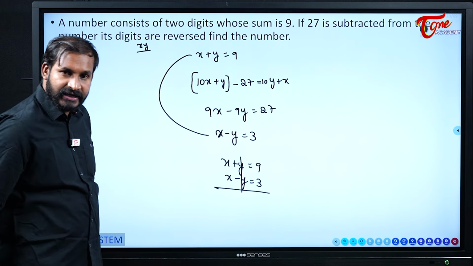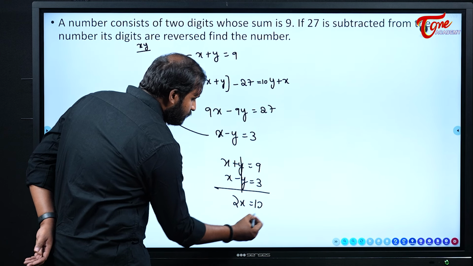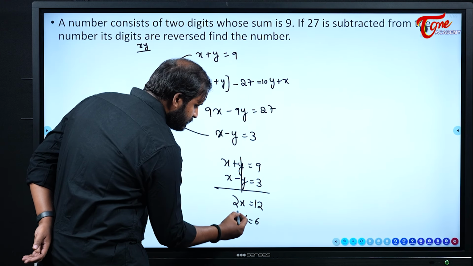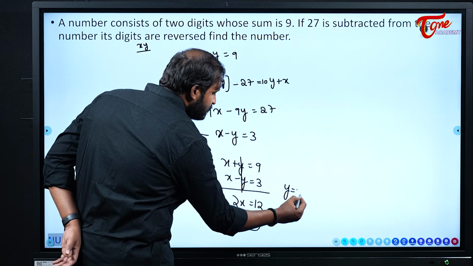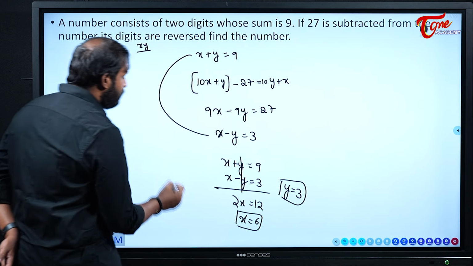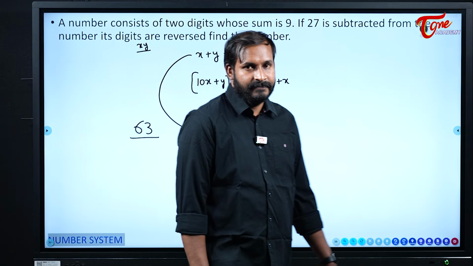Plus y minus y will get cancelled. So, what you will get here? 2x is equal to 12, x is equal to 6. If x is equal to 6, what about y? y value becomes 3. So, my required number is 63.